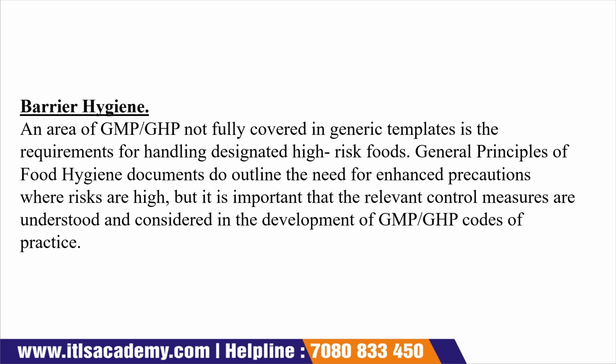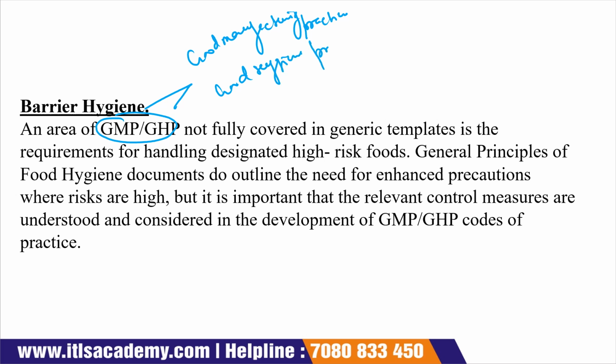The next is your barrier hygiene. Barrier hygiene controls the area of GMP, GHP. GMP means good manufacturing practices, and GHP is your good hygiene practices. They are not fully covered in generic templates is the requirement for handling designated high risk food.